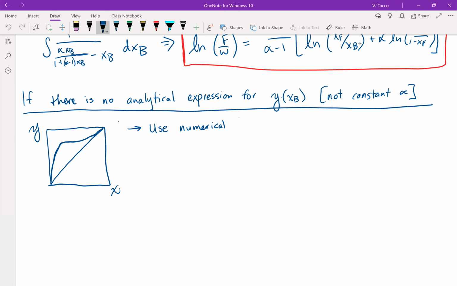One that I really like is Simpson's rule, which is pretty accurate. Use a numerical integration technique, e.g. Simpson's rule.